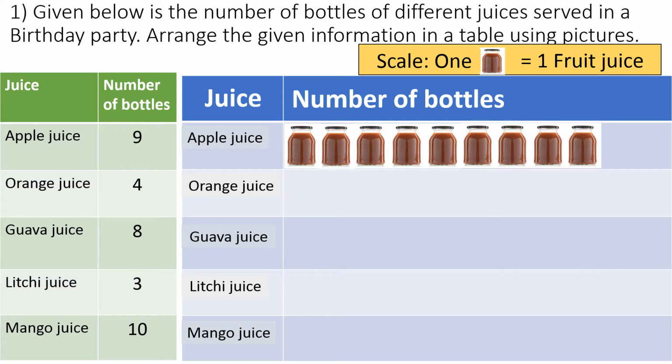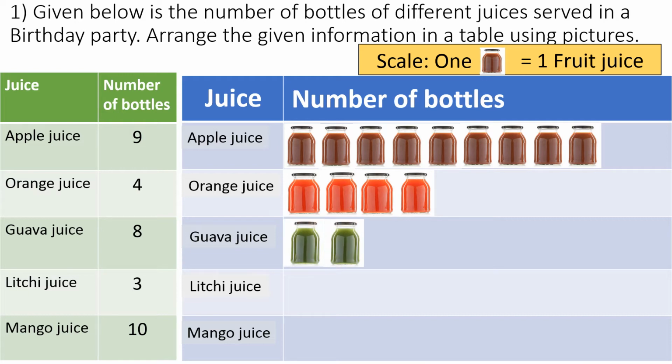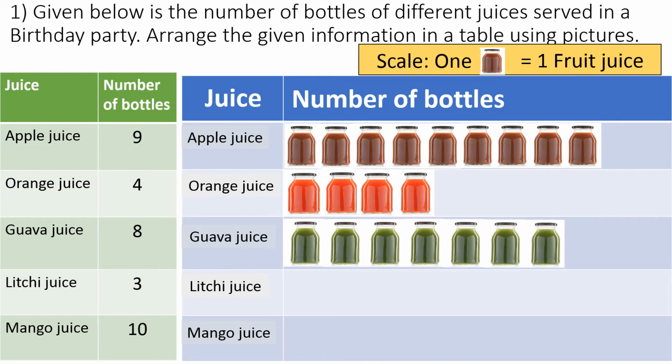Then number of orange juice bottles are 4. Now tell me how many bottles we have to draw? Yes, 4. So draw 4 bottles. 1, 2, 3 and 4. The number of guava juice bottles are 8. So draw 8 bottles. 1, 2, 3, 4, 5, 6, 7 and 8.